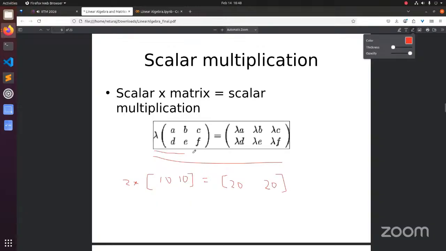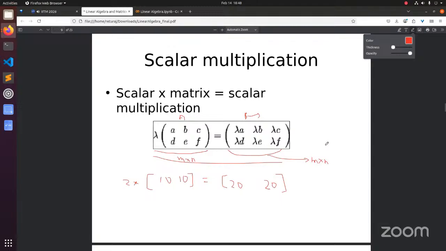So the size of the matrix is m cross n here. Say if this matrix is size m cross n, the final size will be p cross q. What will be the final size? It will always be m cross n, right? If you multiply any scalar with a matrix A, the final resultant matrix B will always be of the same size, right?